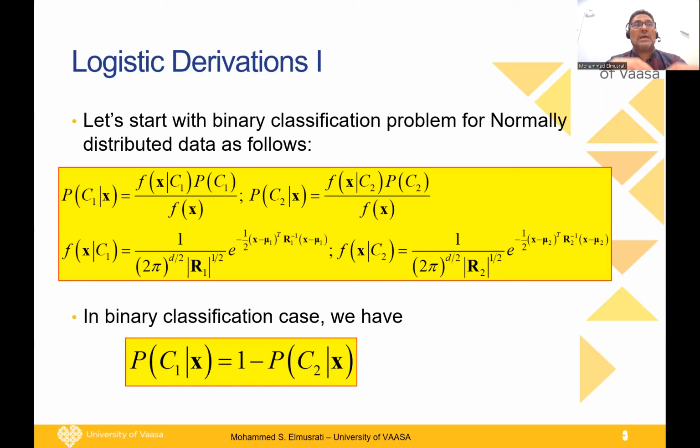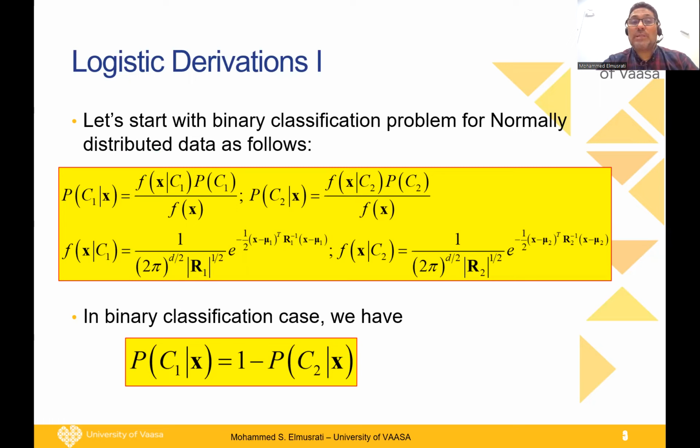What I mean by smooth is that instead of saying that this input belongs sharply to class 1 or class 2 in the binary classification, we can say that it belongs to class 1 with some probability and belongs to class 2 with another probability. Of course, we can have a threshold here, like 50%.